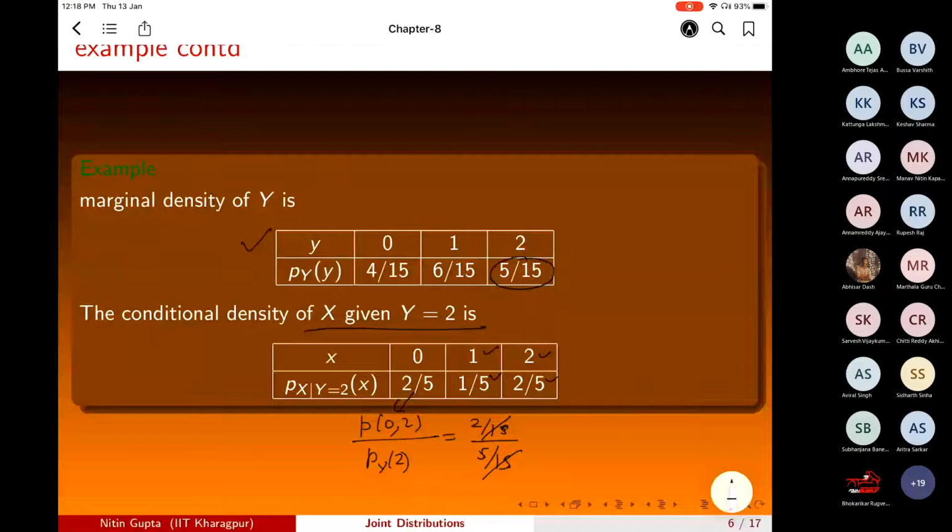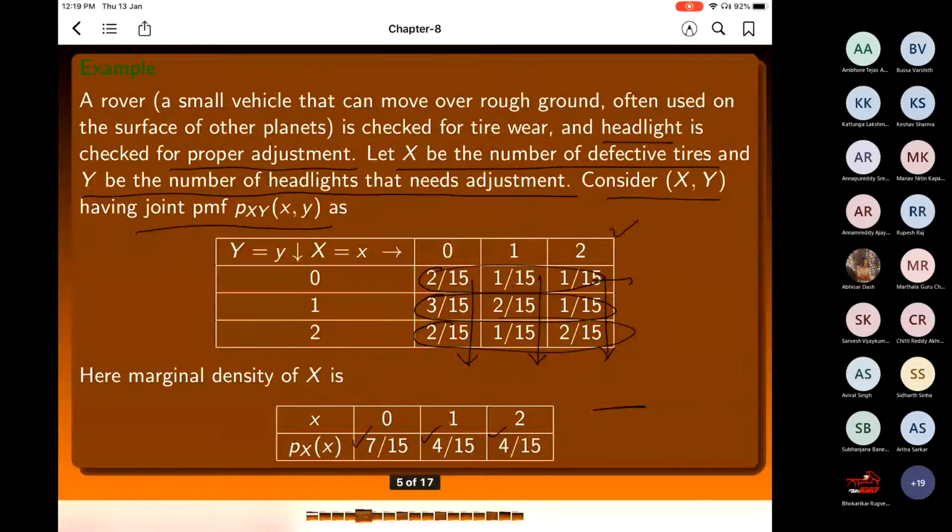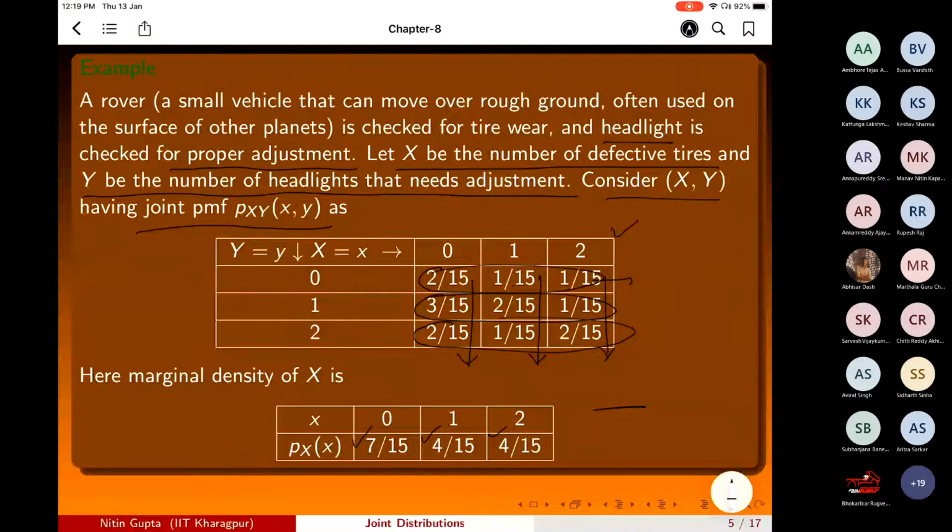Now you can find the mean and variance of X and Y, and the conditional mean also. To find the expected value of X, you use the summation of x P_X(x). Similarly, the expected value of Y is the summation of y P_Y(y).